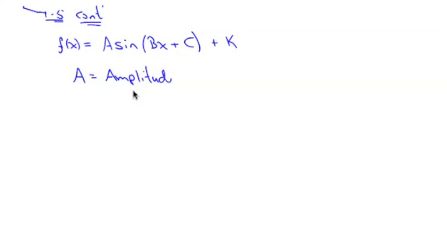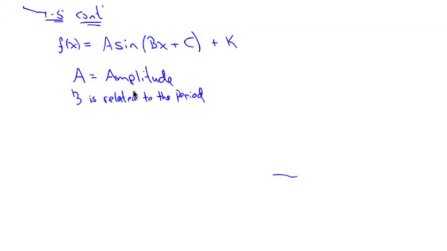A for amplitude. So the amplitude is the midpoint between the highest point and the lowest point. It's that middle line. So we consider that the middle line area. The B is related to the period. And I'll be a little bit more specific about that in a second.